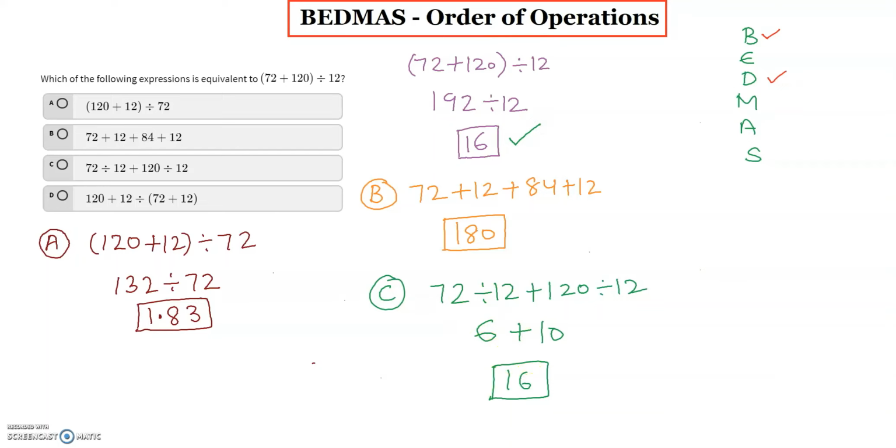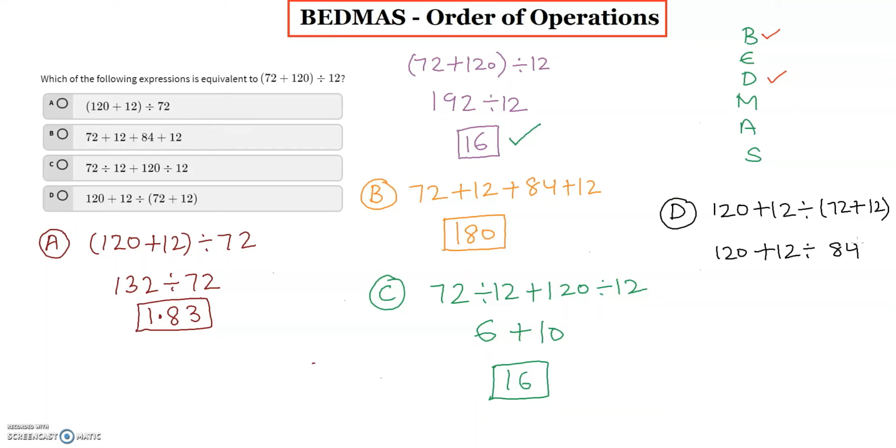And if you want to try the last one, which is D, you can try that option and see if that is equal to 16 or not. So we have 120 plus 12 divided by 72 plus 12. Again, we're going to be solving the brackets first, and everything else remains the same, which will give me 84. Then when I divide 12 by 84, I get a decimal answer, which is 0.142857142.